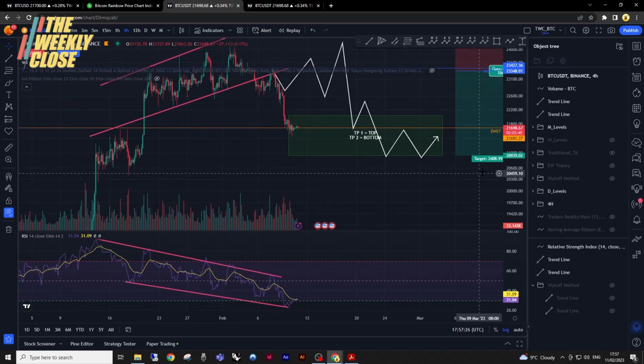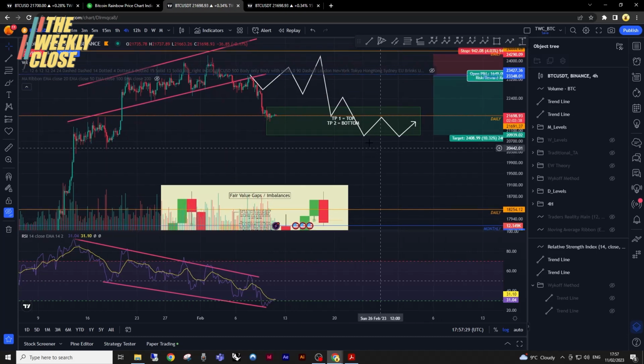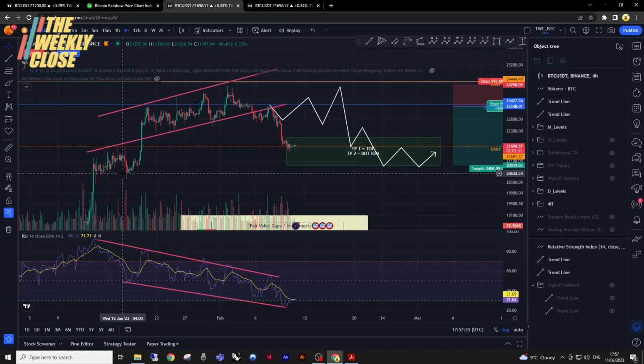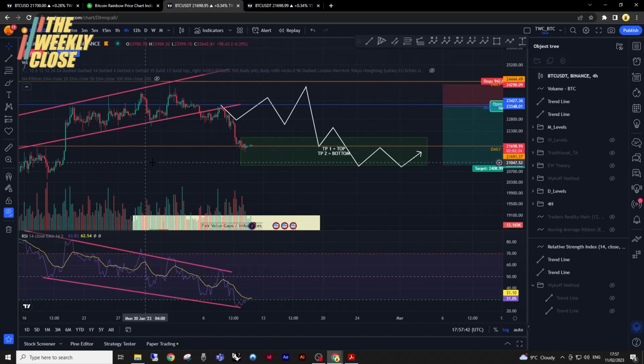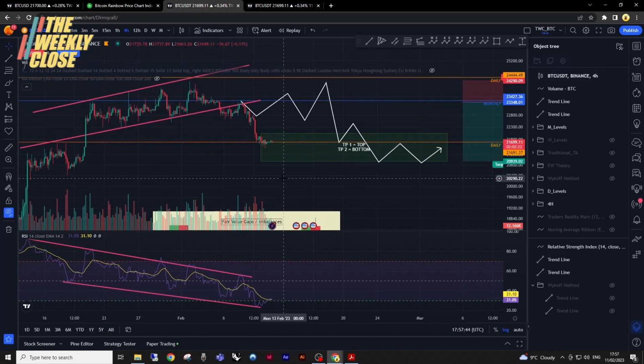It's the weekend, not a lot of liquidity in the markets, but I totally anticipate that we can fall back into, this is what I mean about the Wyckoff method on these lower time frames. You get this sideways movement, accumulation, distribution, and something that suggests that we're going to fall back into that.